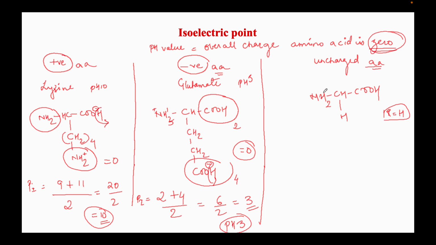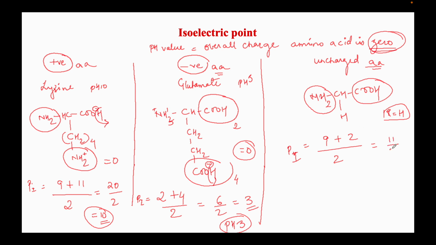So since it has only amino group and carboxyl group, what we'll do, we'll take the pKa values of amino group and carboxyl group. We already know the pKa value of amino group, which is approximately 9, and the carboxyl group is 2, right?